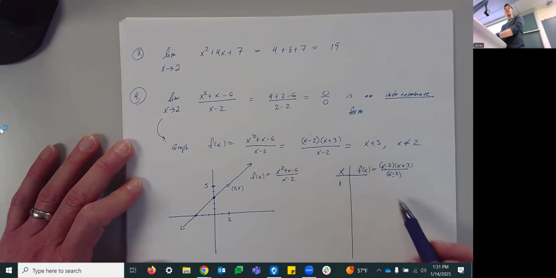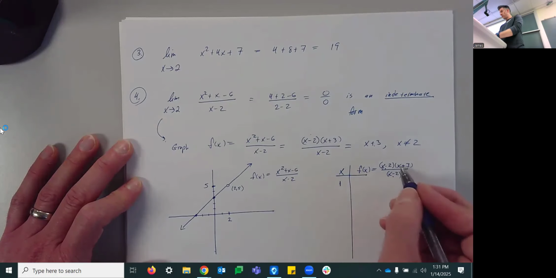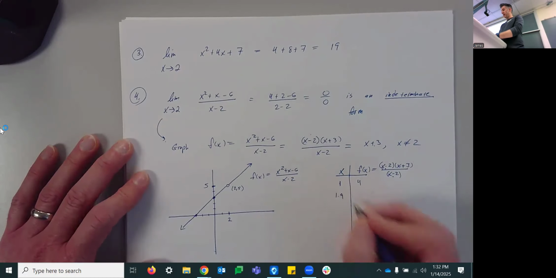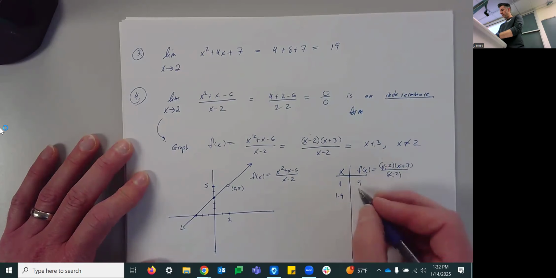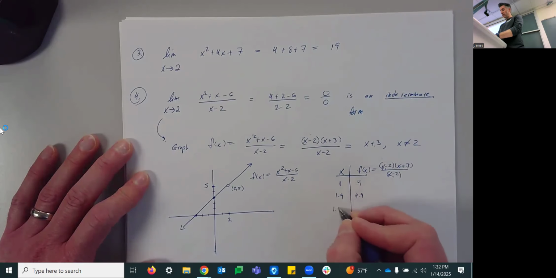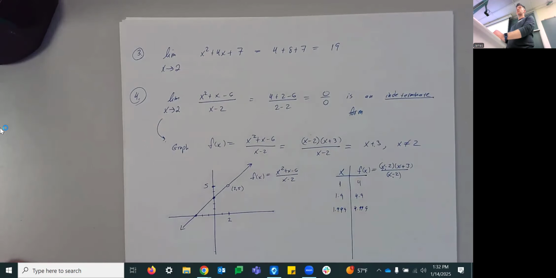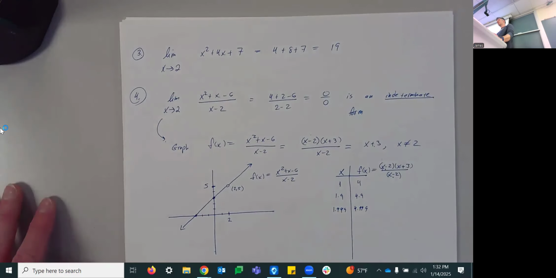Right? As long as x isn't 2, the x minus 2 divided by x minus 2 cancels out. And so we get 1 plus 3, which is 4. And if x was 1.9, those would still cancel. We'd get 4.9. If x is 1.999, we'd get 4.999. It sure looks like as x is getting closer and closer and closer to 2, the y values are getting closer and closer and closer to 5. It doesn't matter that x can't ever equal 2 here.